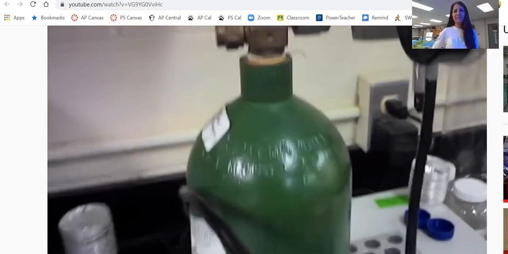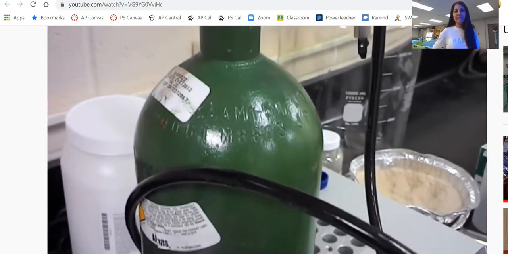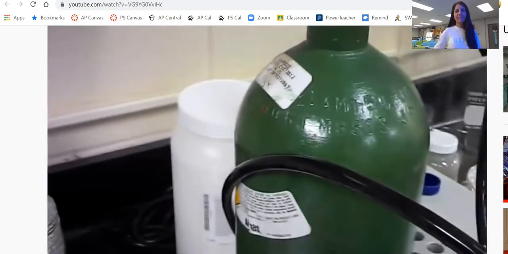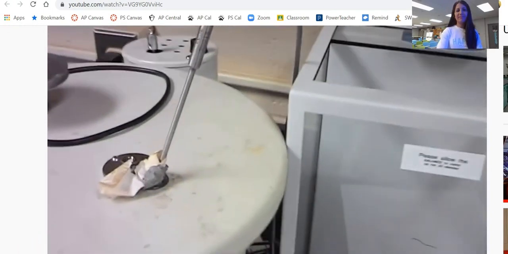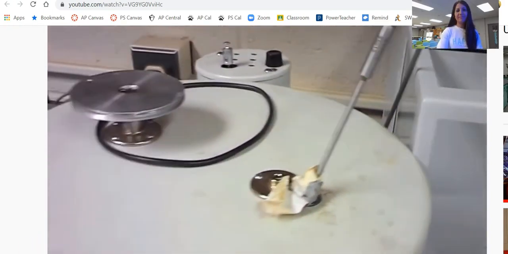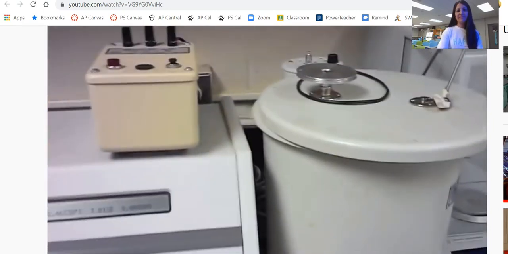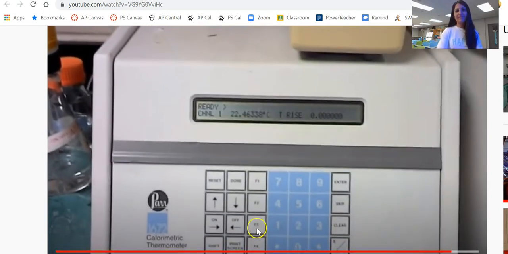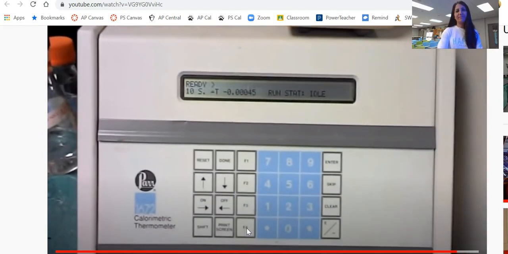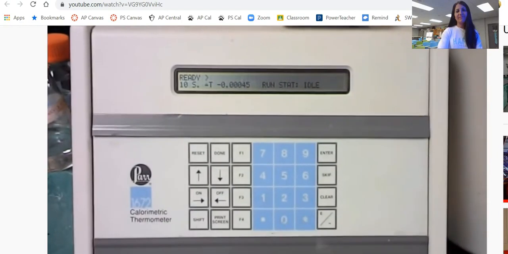And at some point during the process, some oxygen is added by a tank that's connected to the calorimeter here. So we are going to burn a sample of the biodiesel that you've prepared and get some feedback on the energy content of it. You'll be able to use this to compare it to petroleum-based fuels like octane.